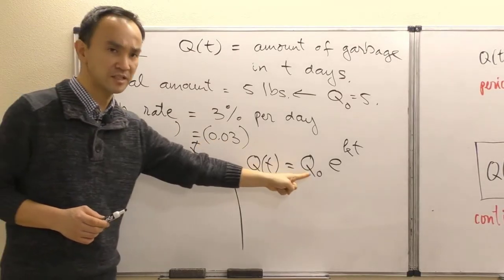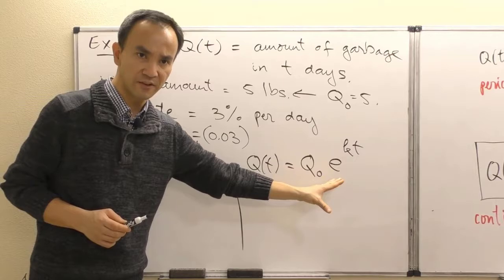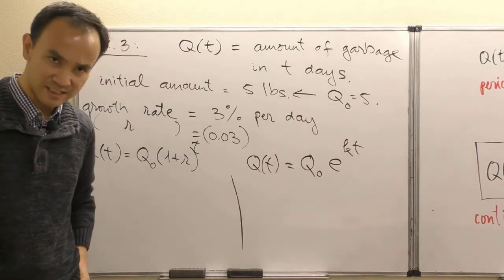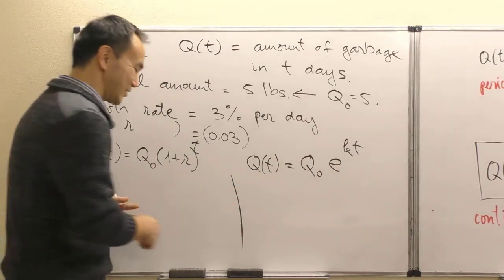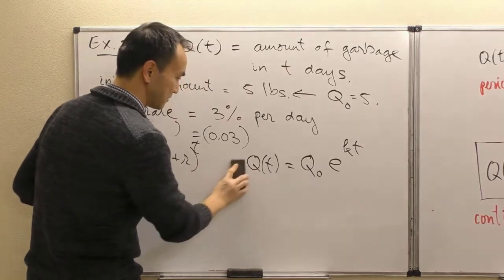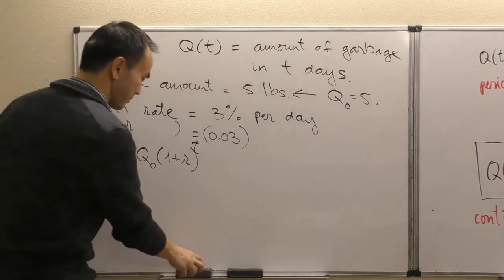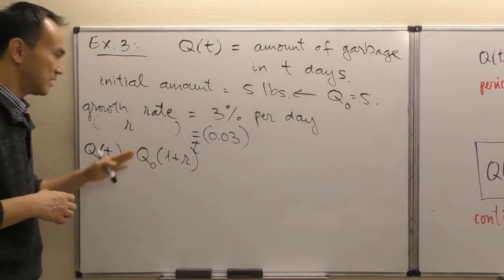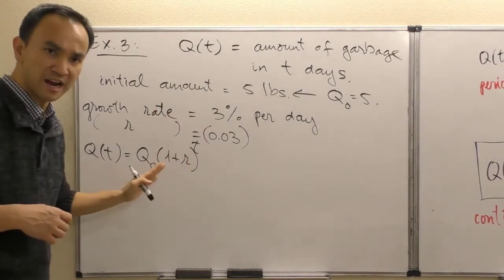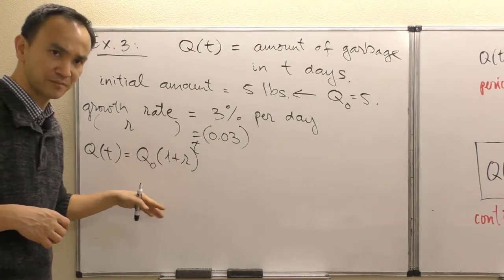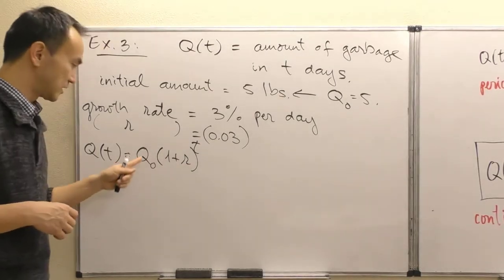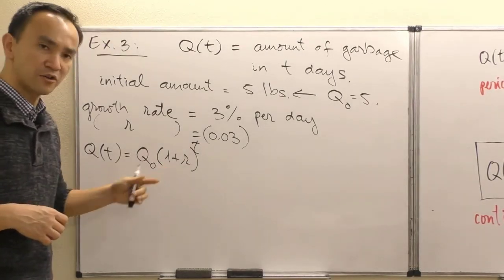Whereas here it's base e, it's not directly given yet. That's the idea. All right, and so now once we have been clear about which model we're gonna head out for, in this particular situation, the more direct model is the periodic growth model over here.